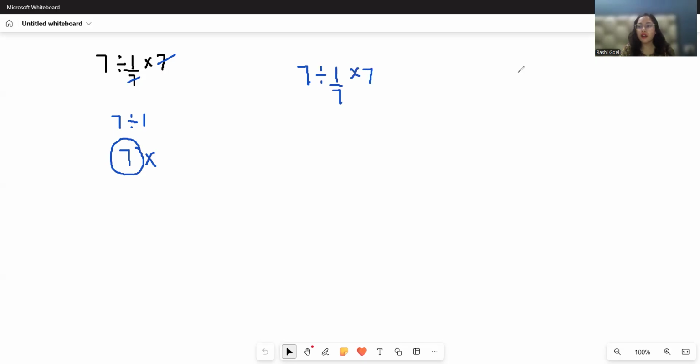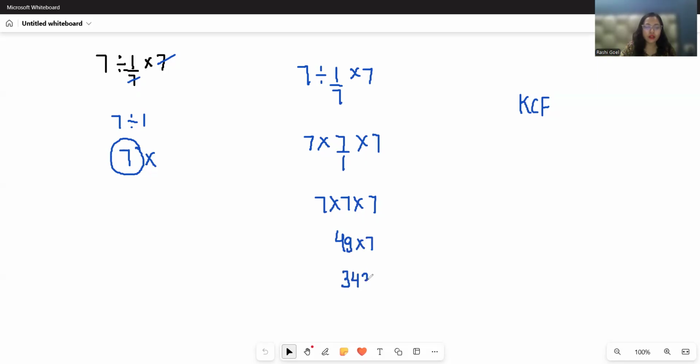When we are given a division sign, we have to follow the KCF rule, which says keep the left hand, change the symbol from division to multiplication, and flip the right hand. So 7 times 7 times 7. 7 times 7 is 49, times 7, and 49 times 7 is 343. So what is the correct answer? 343.